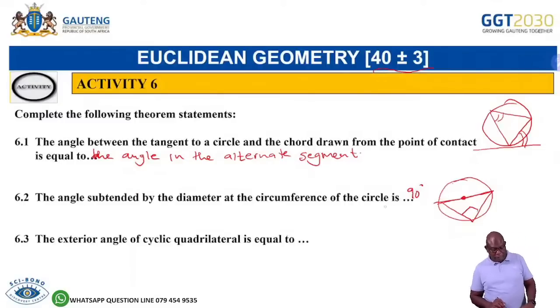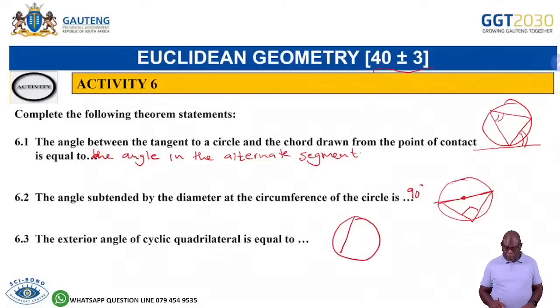Okay. Right. The last one, exterior angle of a cyclic quad. So in other words, you have a cyclic quad, all 4 points on the circle, and there's an exterior angle here. So that angle will be equal to that angle there in the opposite. So this angle and that angle will be equal.